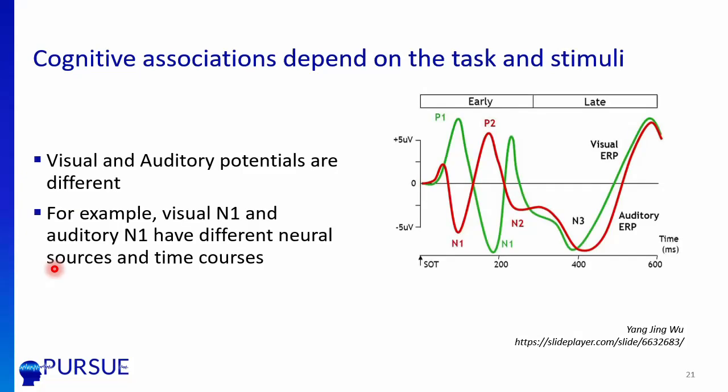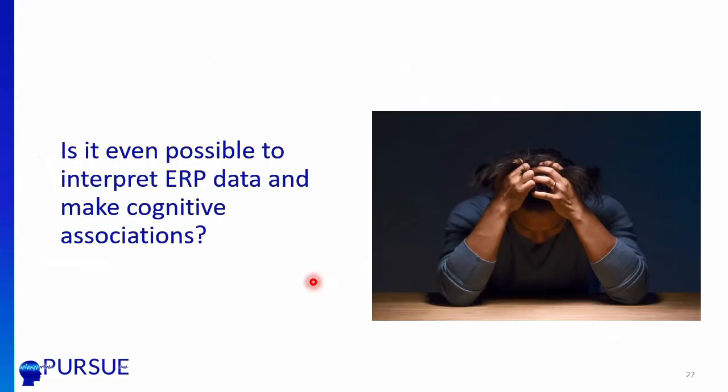For example, you could be talking about N1. So we could have an N1 here and an N1 there, and you could be talking about a visual N1 or an auditory N1, right? And they're going to have different latencies, maybe some different amplitudes or different properties because the task and the stimuli are different. So you're going to have to be careful about defining ERPs, which is going to depend on the particular tasks and stimuli that you are using.